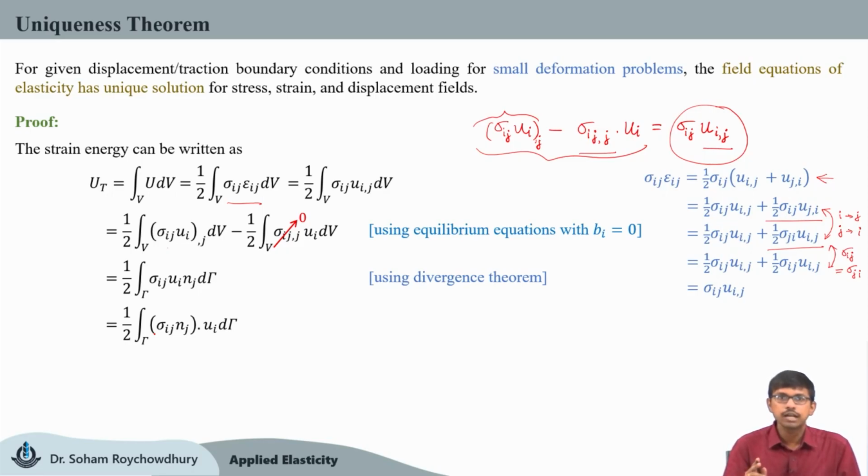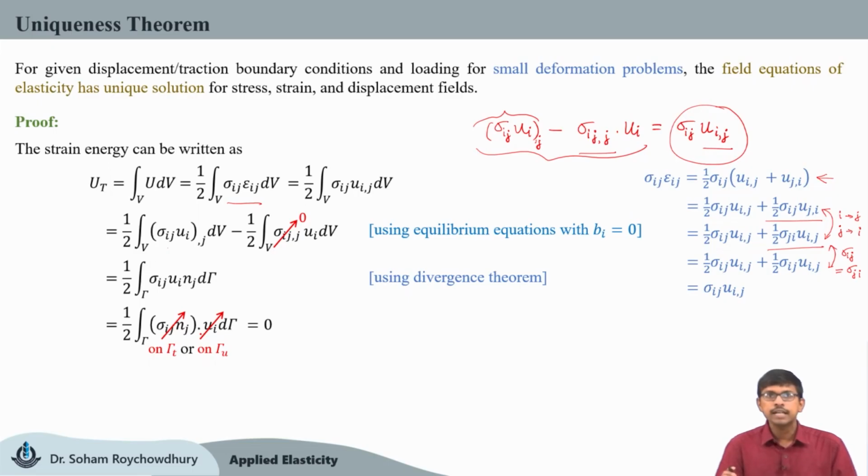Now, if you recall the boundary conditions, on the boundaries we have sigma ij nj equal to 0 if the traction or stress boundaries are prescribed, that is on gamma t, or for the displacement boundaries, if gamma u is prescribed, we have ui equal to 0. So, on gamma t the first term sigma ij nj is 0, on gamma u the second term ui is 0. So, whatever boundary conditions are specified, whether it is a stress boundary or a displacement boundary, one of the terms would go to 0, and thus overall U would go to 0.